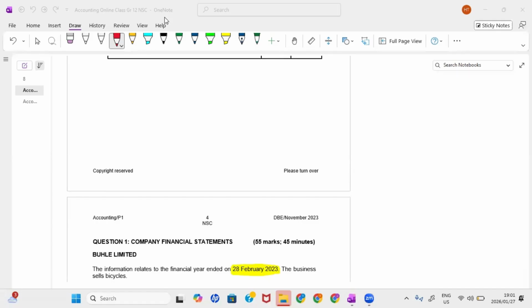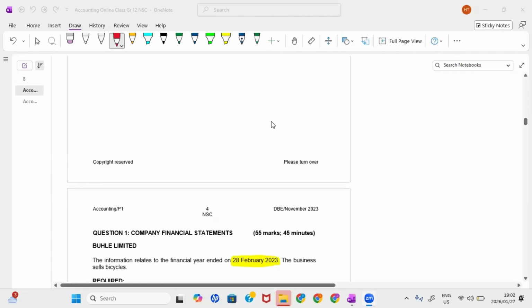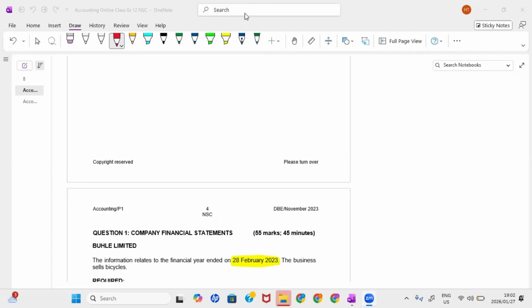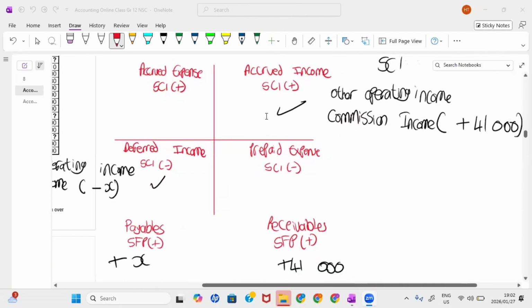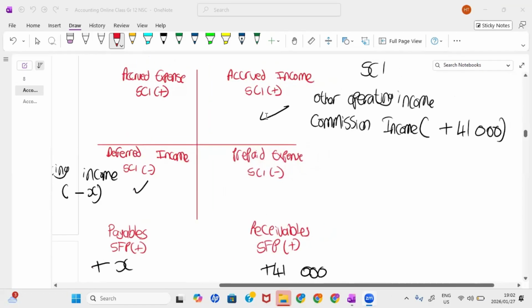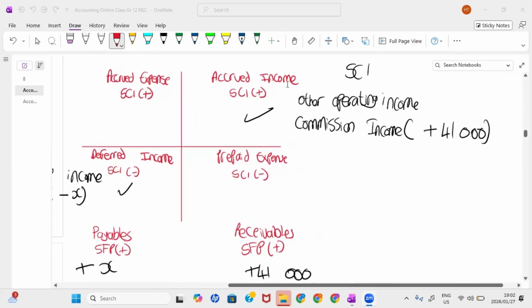Does the statement of financial position have the accrued expense and accrued income, as well as income received in advance and prepaid expenses? It does. If I can come back here with the example, I've already shown that we dealt with accrued income and deferred income.